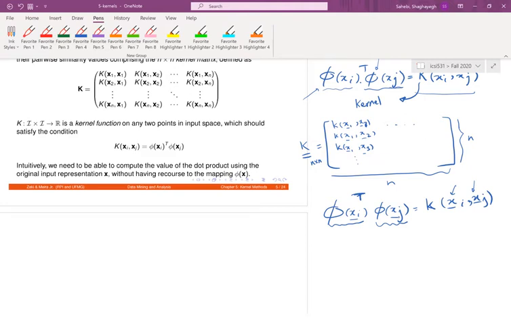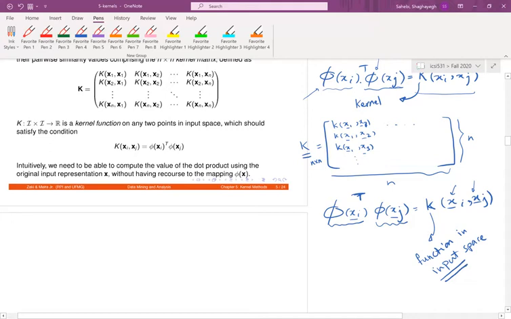So kernels are the similarity between our data points in the new higher dimensional data, but we can calculate this similarity based on the features that represent our data in the original feature space. So this is a function in input space.